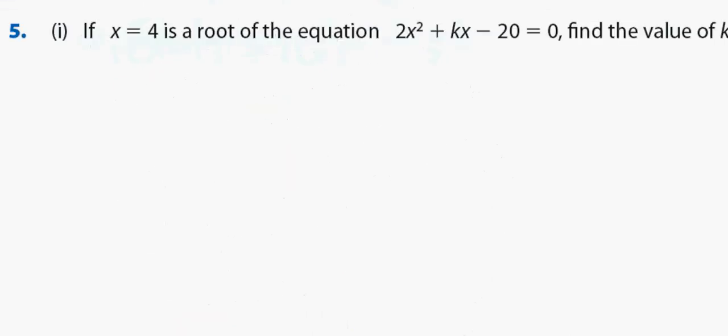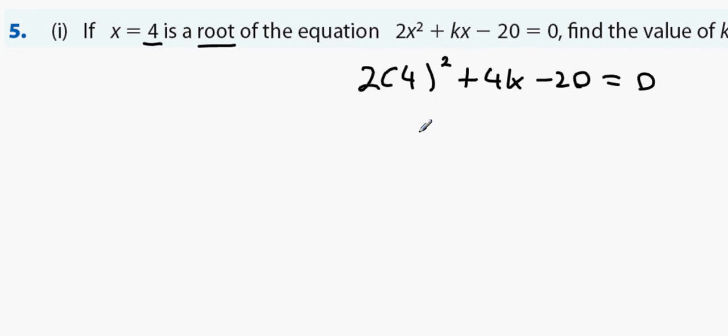Now, find the value k. If 4 is a root, this means that when I put this in, it should work. So I'm going to put 2 times 4 squared plus 4k minus 20 equals 0. So we're going to get 32 from your calculator, plus 4k minus 20 equals 0.